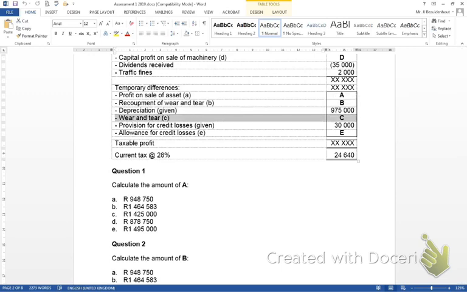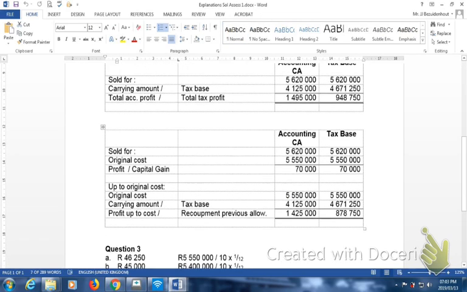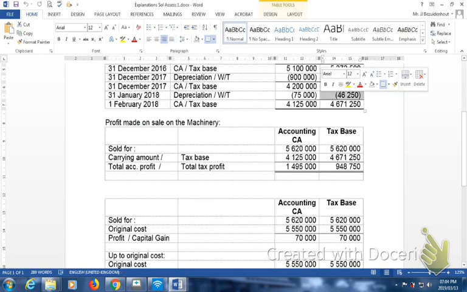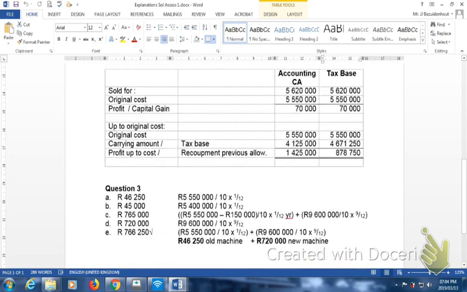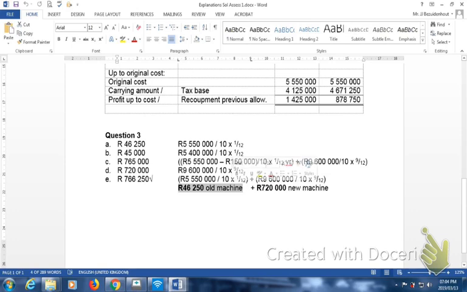If you go to the other screen, you will see that our wear and tear calculation, that one there, was the one which you've actually calculated in your original calculation. So that is your wear and tear on the old machine, and then you just have to do the same calculation for the new machine. 9,600,000 divided by 10 years, and that depreciation is only for 9 months.